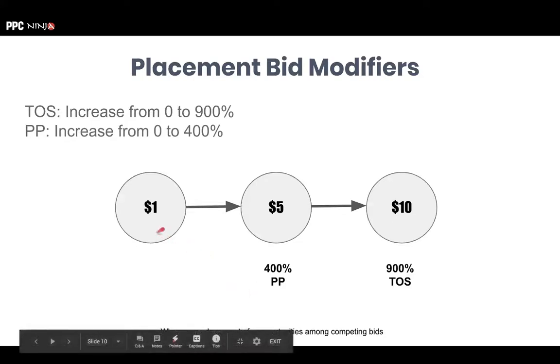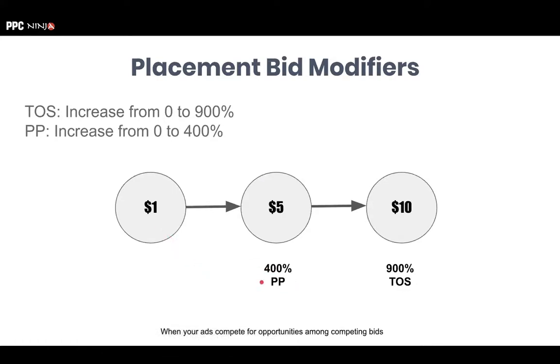So if you have a $1 bid for product pages, and you choose the maximum 400%, your bid will actually go from $1 to $5. It's not 1 to 4, but 1 to 5, because they just add the increased amount to your base bid. So $1 becomes $5. And for the top of search placement with a 900% increase, your $1 bid becomes 1 plus 9, so that's $10. That's the amount you're saying you're willing to bid.